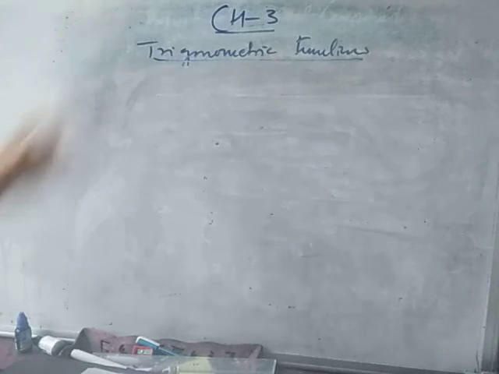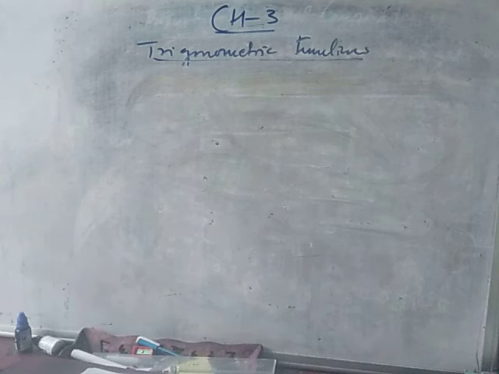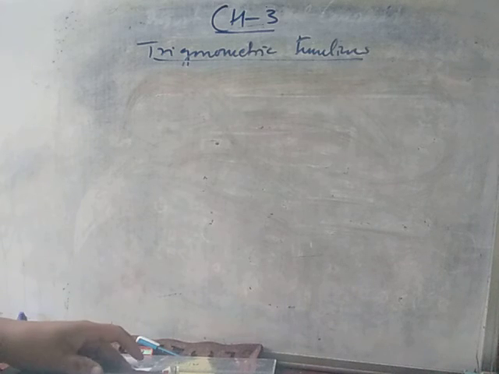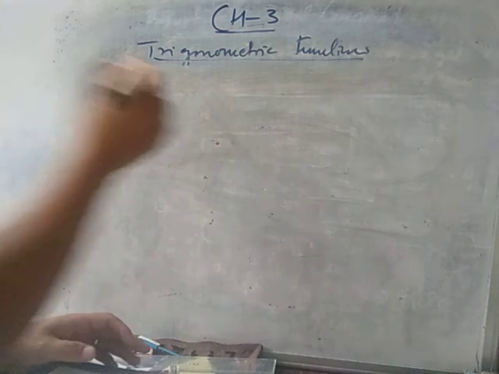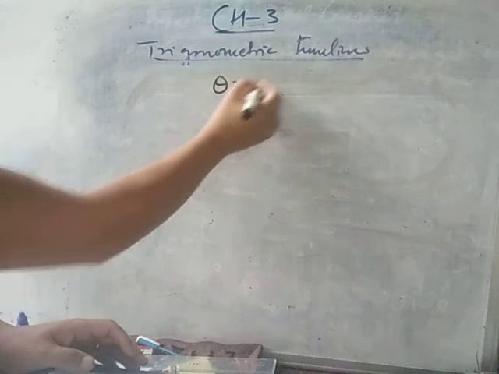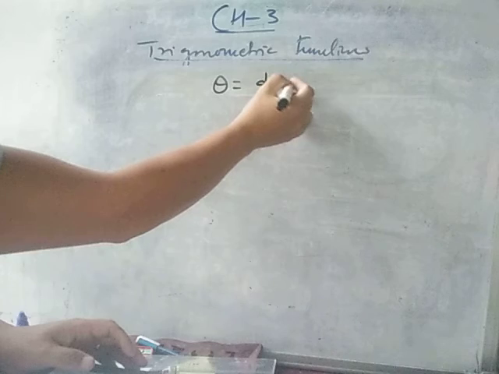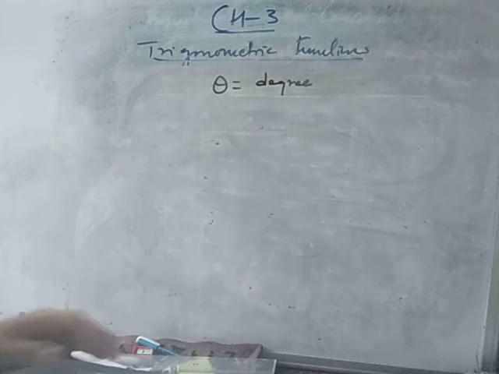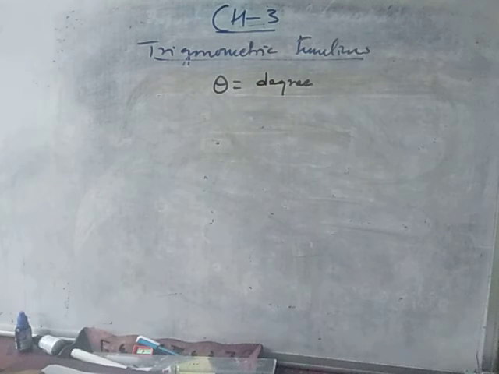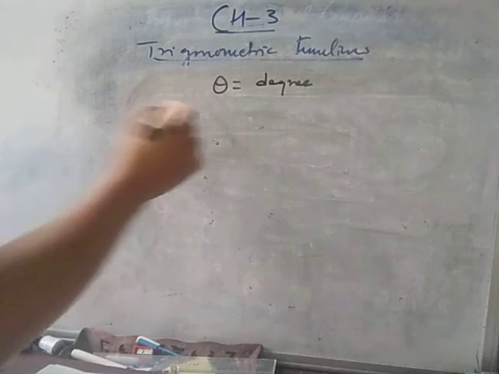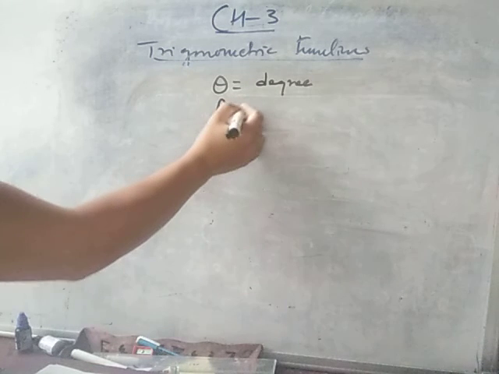So now onwards, if you measure an angle in theta, then we'll call it degree measure. Okay, if you write beta, then that is your radian.